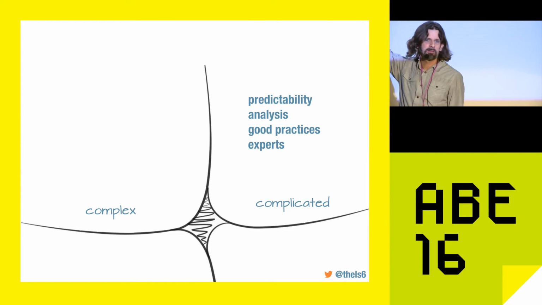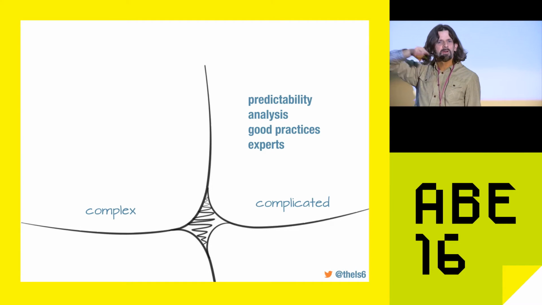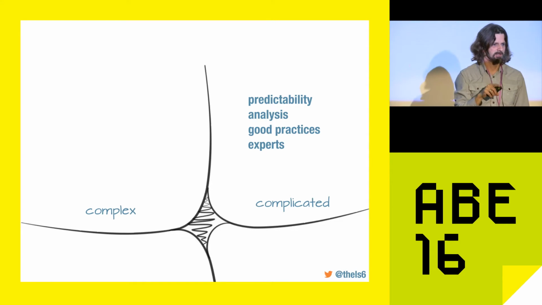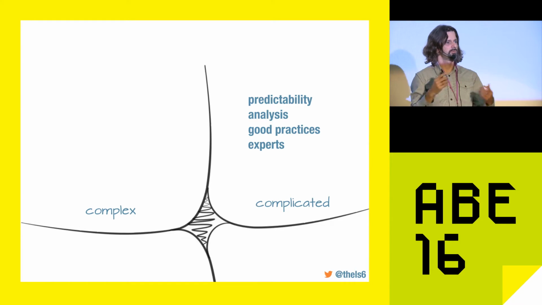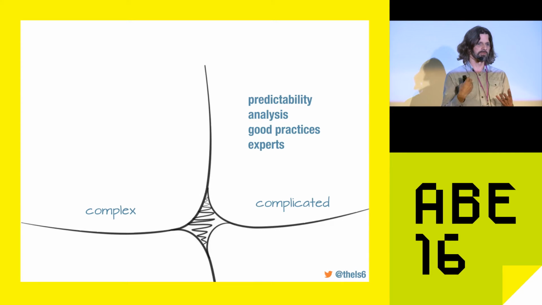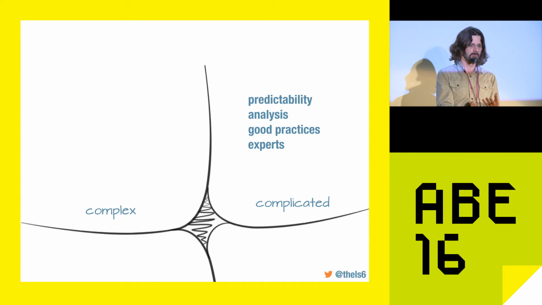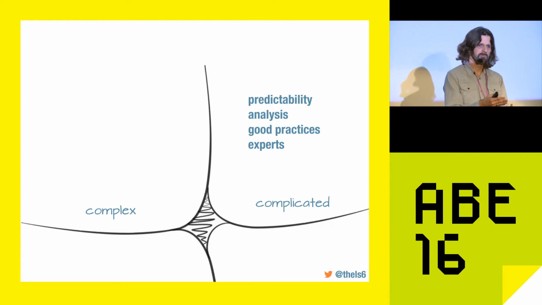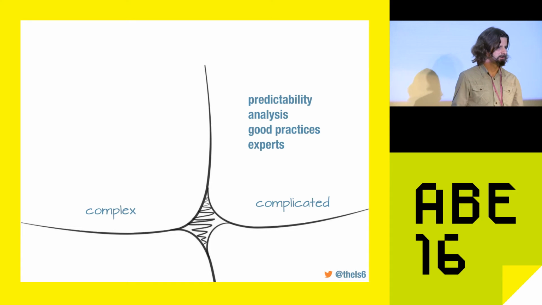In the complex domain, we say, you run the same experiment twice, you can't expect the same result. It might be completely different. It's just like a group of people, right? This is a really good example, or the ecosystem is another good one. You introduce some change to a group of people, and they behave one way. You do this next week, or the next year, or maybe the next day, same stimuli, different reaction.